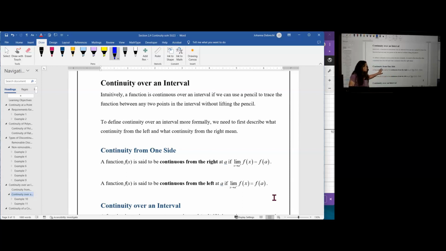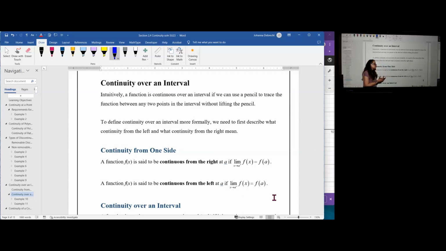We say that a function is continuous from one side, for example, the right, if the limit coming from the right equals the function value there. Now, what does this imply? This implies that f of a exists, that the limit exists, and the two are equal. In other words, it's the same definition of continuity we've been using before.